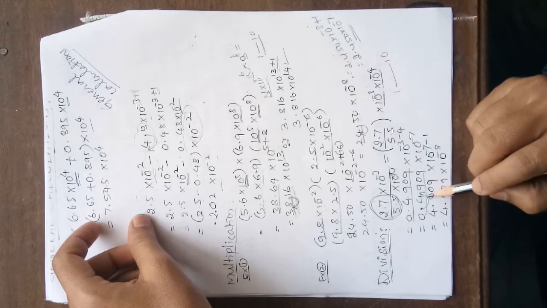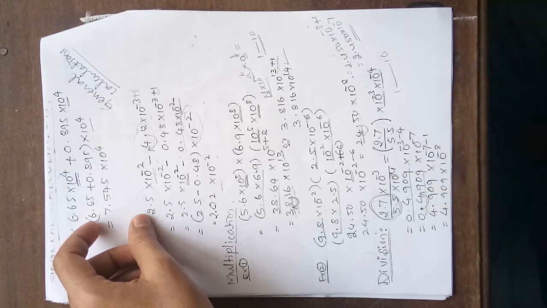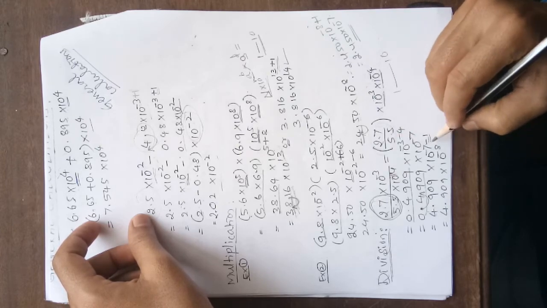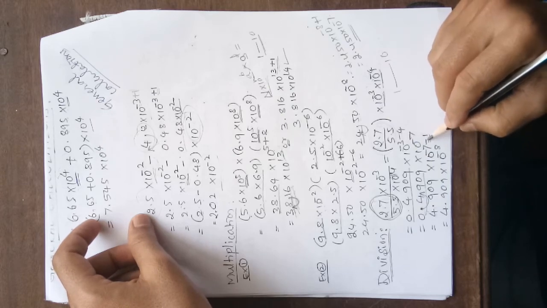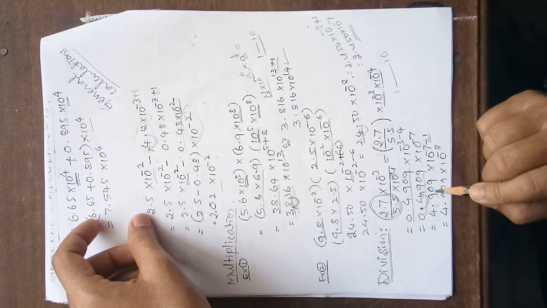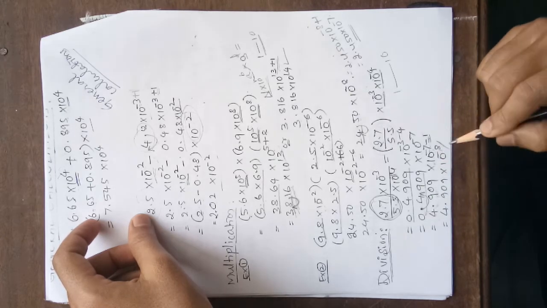So we write 4 point. We moved this point to the front side, so I will subtract 1. If it comes backward, plus 1; if it comes forward, minus 1. So I moved this point here, so it would be 4.909 into 10 raised to minus 7 minus 1, that would be minus 8.